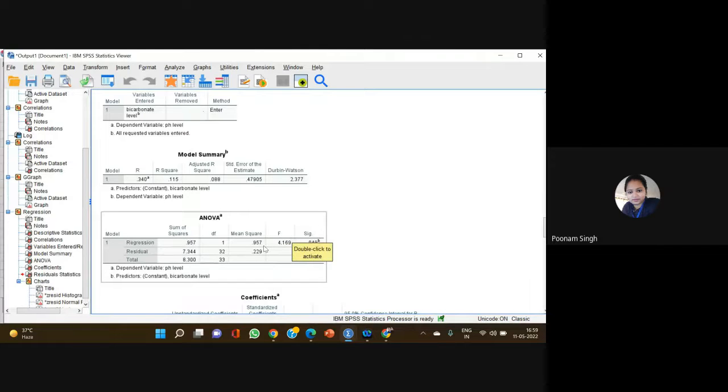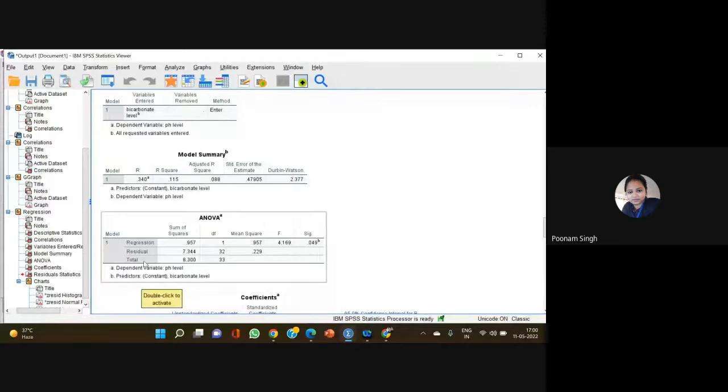So the significance value here means that for the variable that we are using as a predictor and the dependent variable, if this value is significant, meaning it comes out to less than 0.05, it shows that there is a significant relationship between the predictor and the dependent variable.